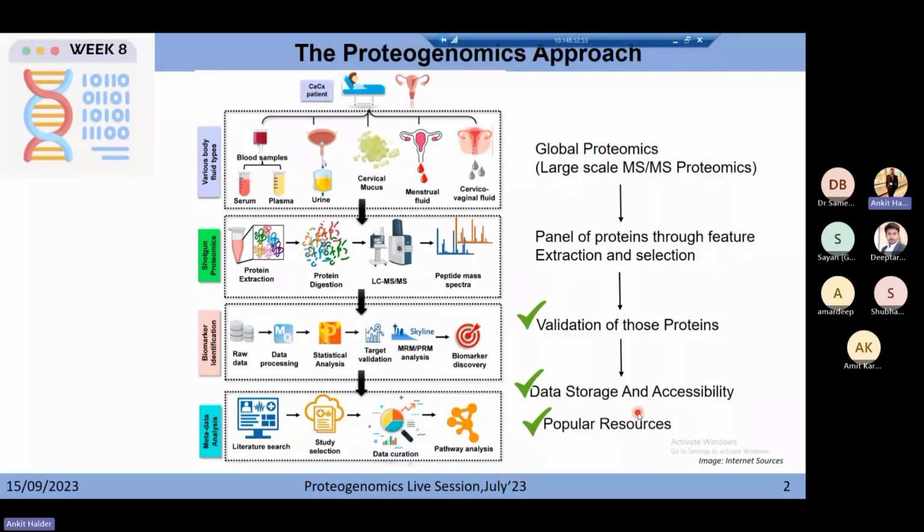But apart from that, today we will look at the different popular resources that have been built to help accelerate and foster the development of different biomarkers.